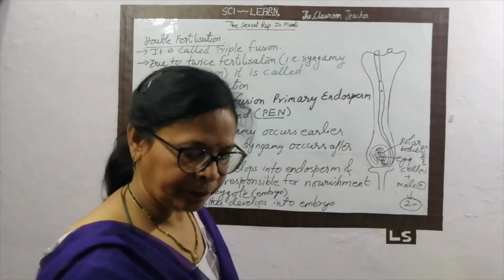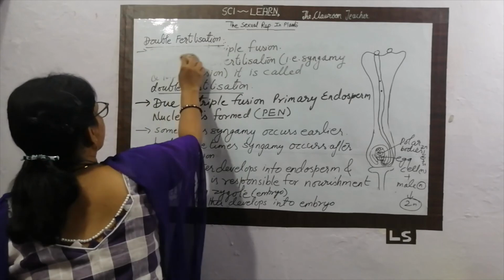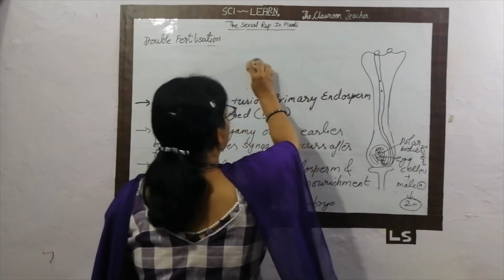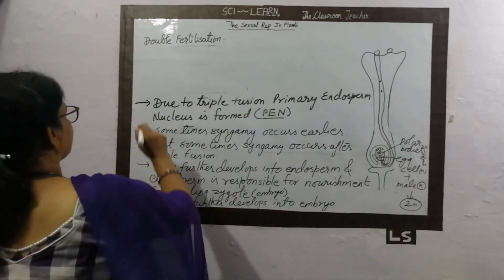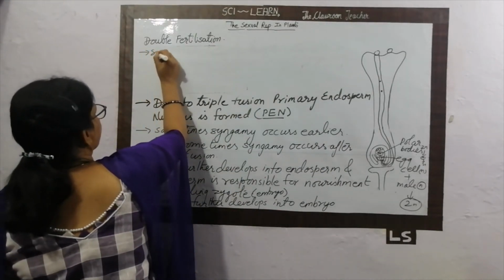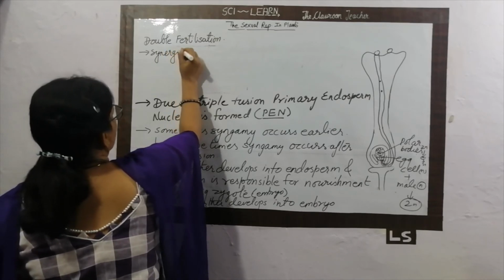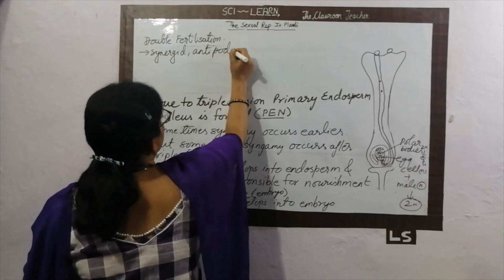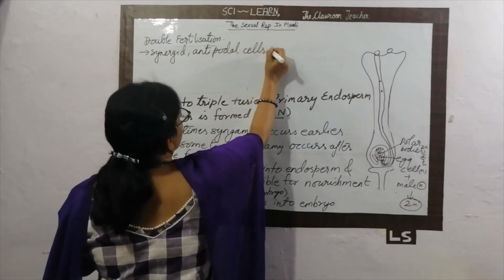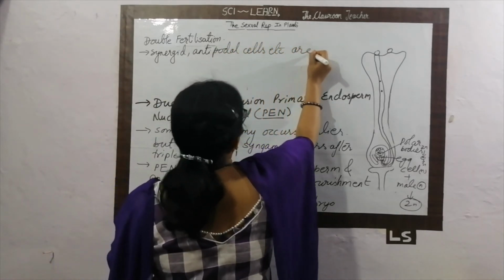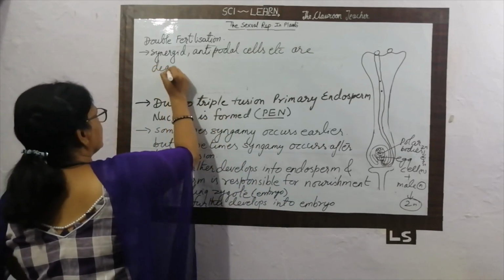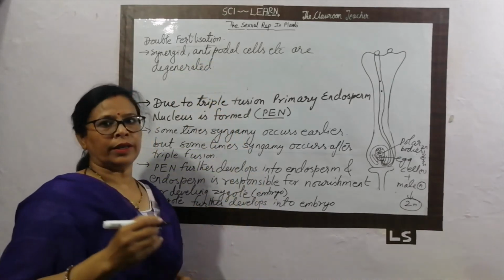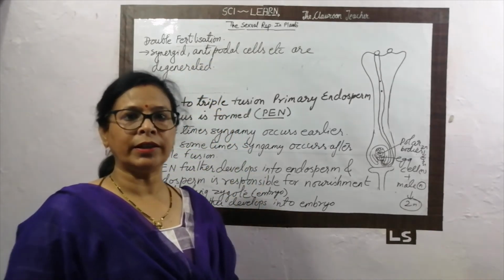We must write here: after the complete double fertilization, whatever is left, synergids, antipodal cells, etc., degenerate. There is no role for them to play, so they degenerate.